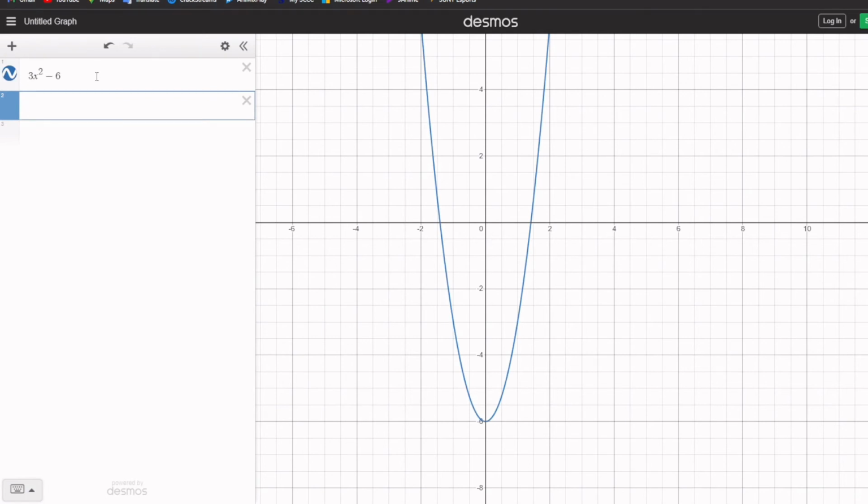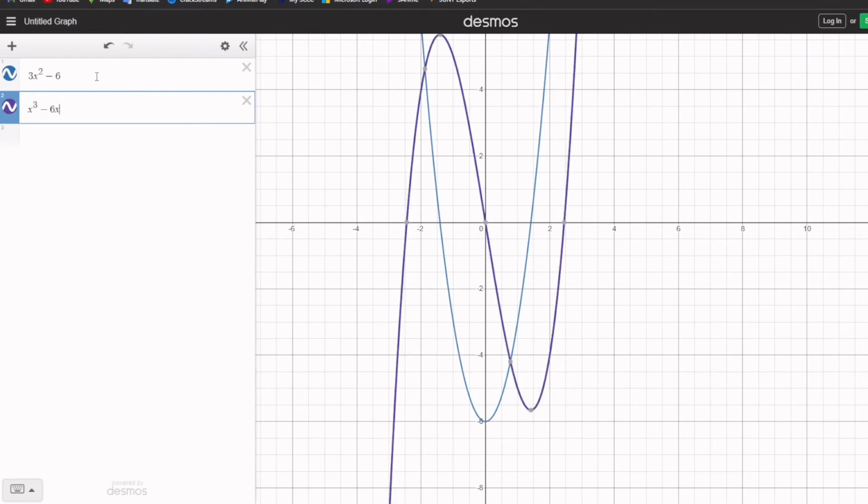The original function that we have is x cubed minus 6x, because the derivative is 3x squared minus 6. So let's take off our original. The function is going to be increasing for a certain amount and then decreasing for a certain amount, all at the exact same interval, negative 1.414.